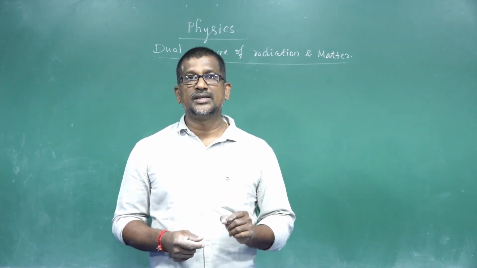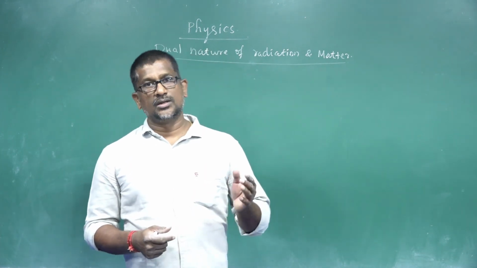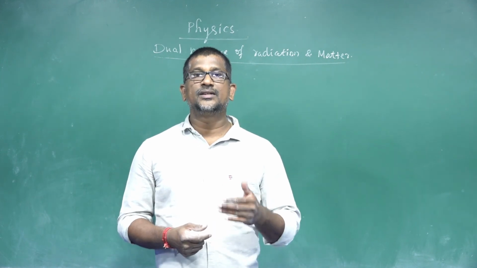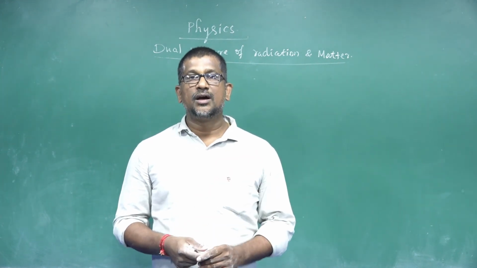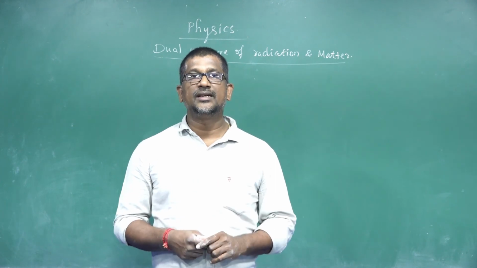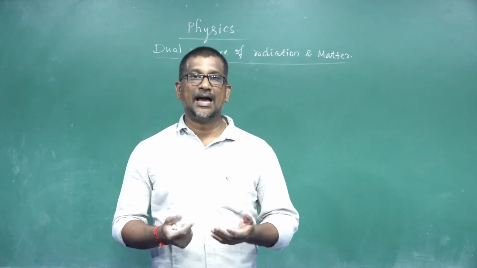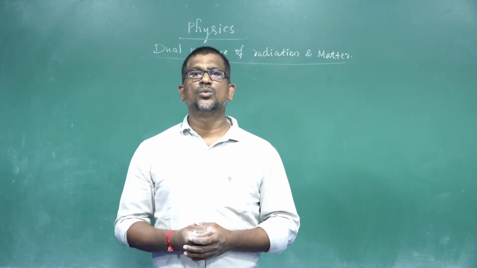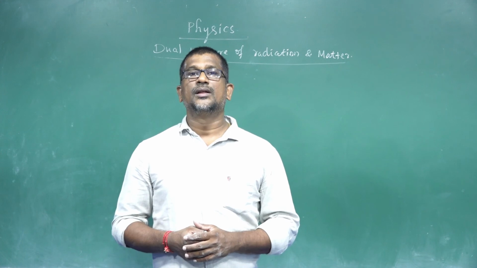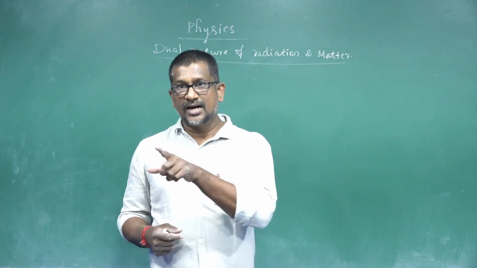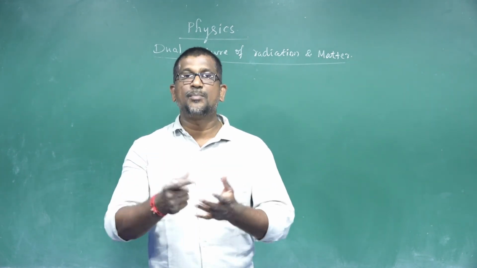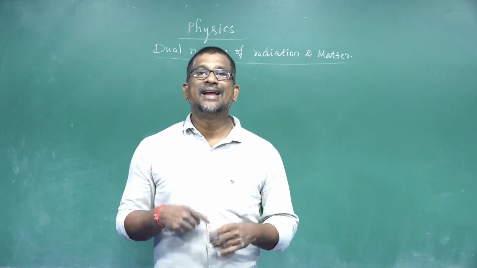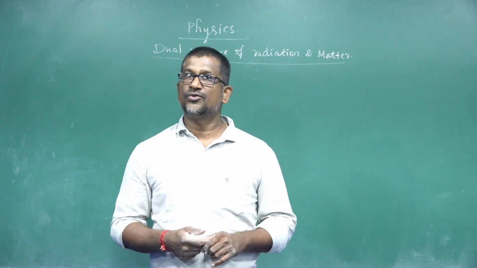The energy of the photon is E = hν. The photon possesses a linear momentum. Its magnitude is given by P = E/c, or P = hν/c, or P = h/λ, right? Finally, Albert Einstein concluded that the photon possesses energy and momentum, so it behaves as a particle. So this is Einstein's explanation, that is, the particle nature of light.